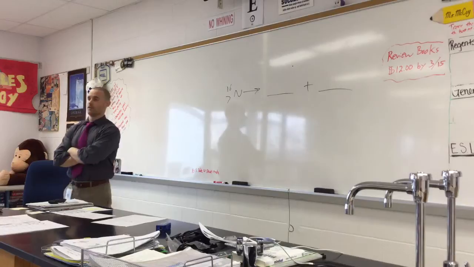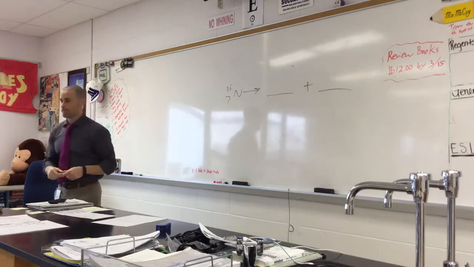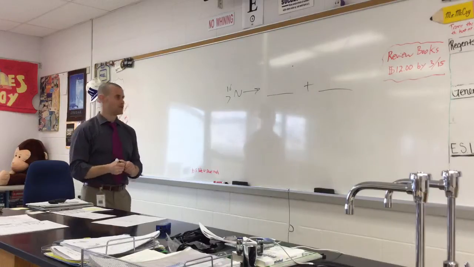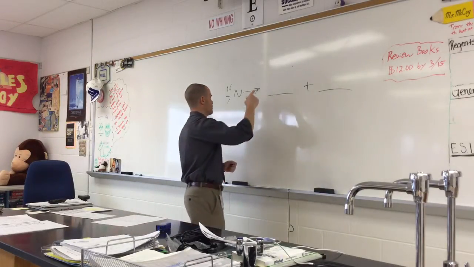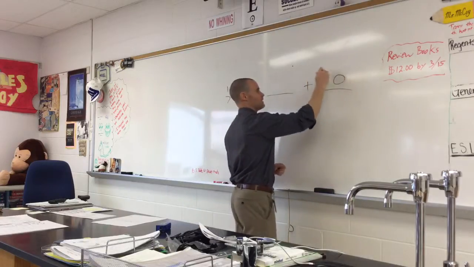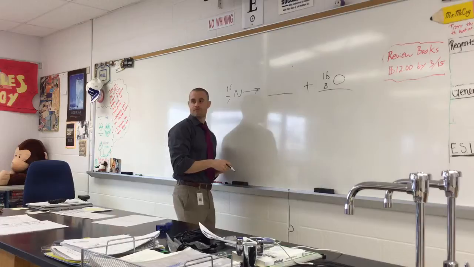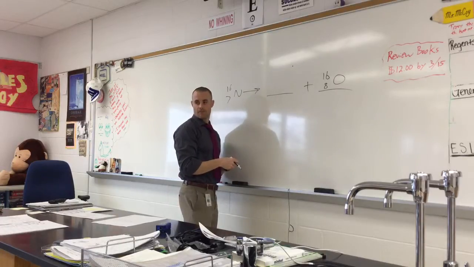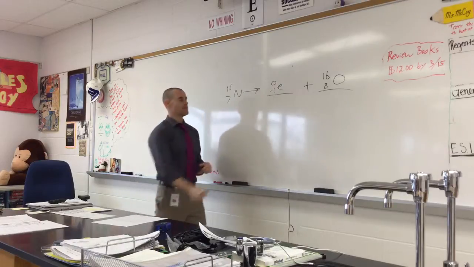Anyone tell me how to fill in the blanks there? What do we put? Go ahead, Nicole. Put it all together. O with 16 over 8. I'm going to put that here. Oxygen, 16 over 8. Good. And the beta thing, yep, minus. Good. Very good. That's exactly how you do it.